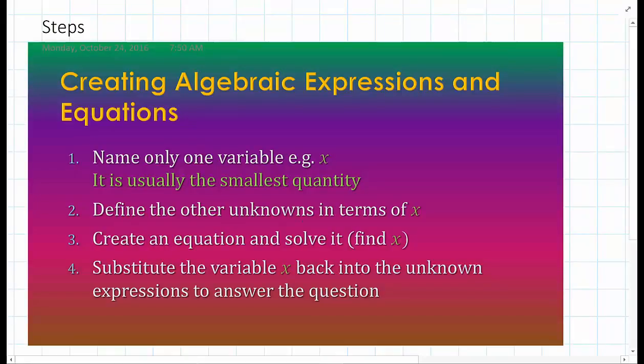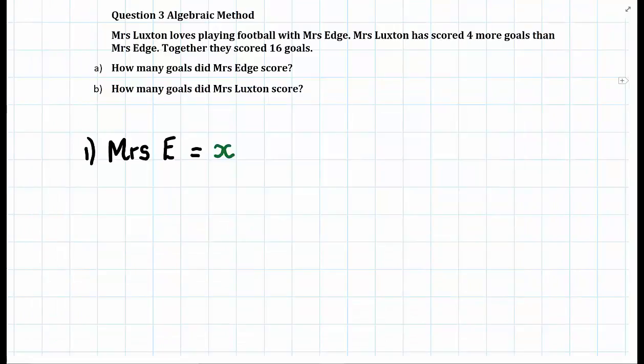Define the other unknowns in terms of x. The other unknown is Mrs. Luxton. We don't know how many goals Mrs. Luxton has scored. So we've got to define Mrs. Luxton. We've got to create an algebraic expression for Mrs. Luxton.